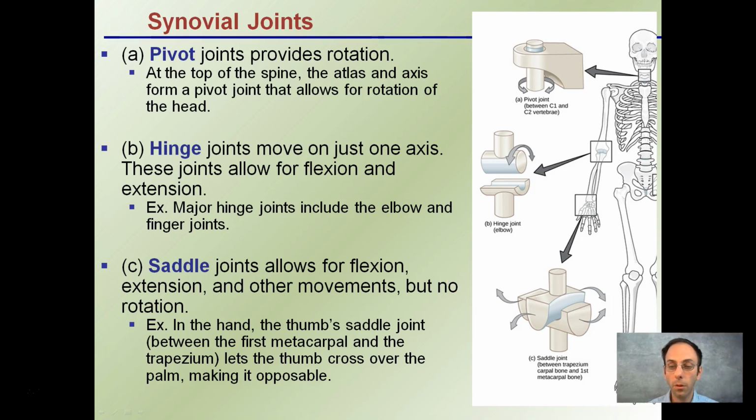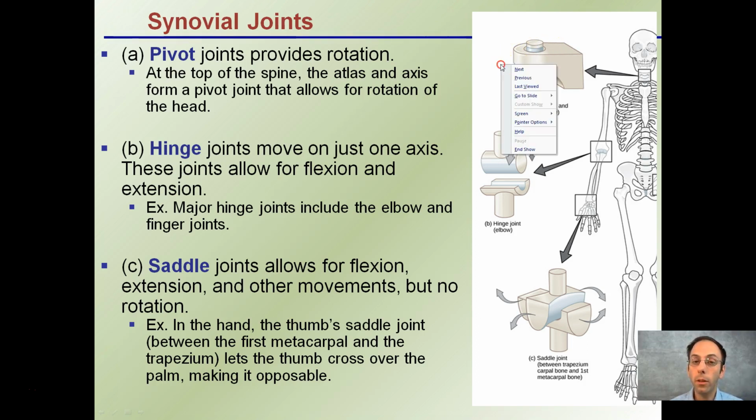So again, looking at some of the joints here, we have pivot joints, which provide rotation. At the top of the spine, the atlas and the axis, remember the yes, no, the C1, C2 vertebrae, are actually portions of a pivot joint. The hinge joints move on just one axis, and these joints allow for flexion and extension. Major hinge joints include the elbow, and also our finger joints.